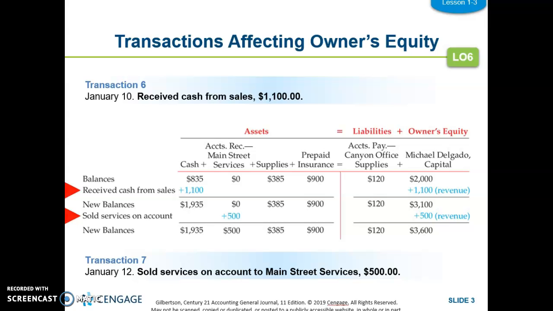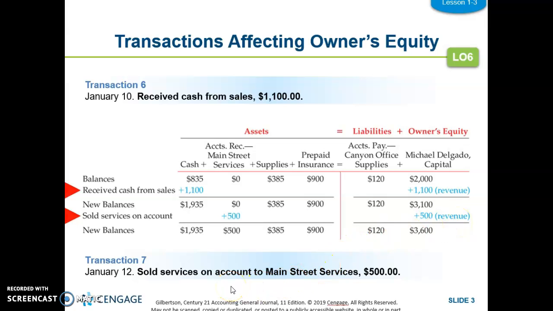The second transaction on this slide, which is transaction 7, on January 12th, we sold services on account to Main Street Services for $500. So rather than receiving cash, they are going to basically charge it and then pay for it at a later date. So we sold services, that's going to be our revenue, which is increasing our capital. So we would write plus 500 and then put revenue in parentheses.